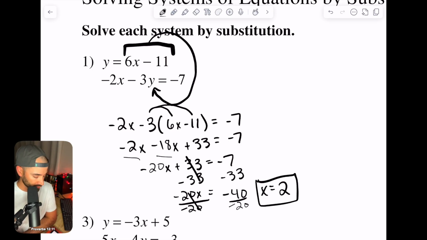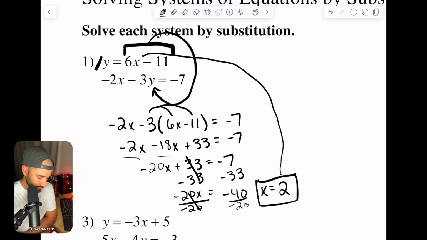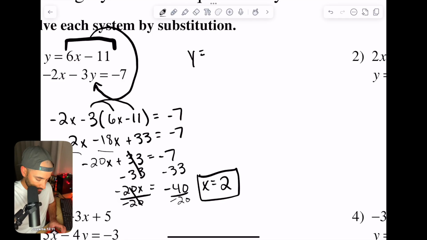We also need to solve for y, but it's going to be really easy because we already have this first equation set equal to y, so we can just take 2 and plug that in for x in the first equation and just solve for y, okay? So y equals 6x minus 11. We're going to plug in 2 because x equals 2.